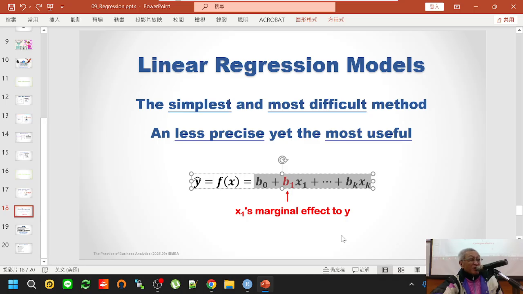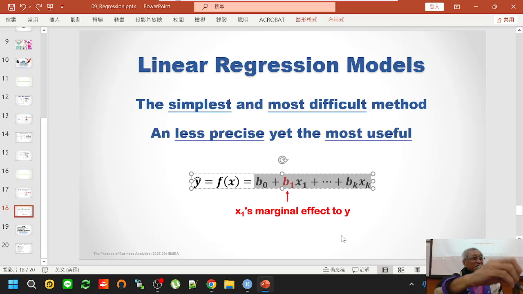If you look into the decision tree or other types of models, you will see that the mathematical equations are very complex.